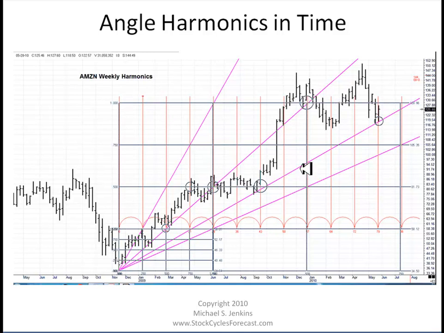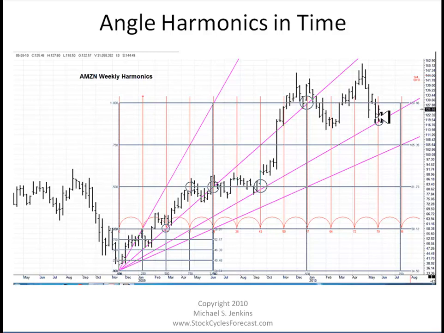We can also see at the center of this big box, there is a cycle turn, and the market's been drifting on down along our support angle, and it hits this time cycle, turns up, and from this low right here on an angle, it goes on up into the end of the box at an angle, pulls down to a time cycle, goes up here and explodes up, almost hits its head on the angle here, comes down.